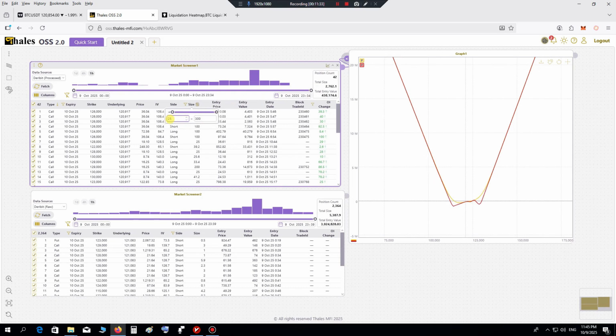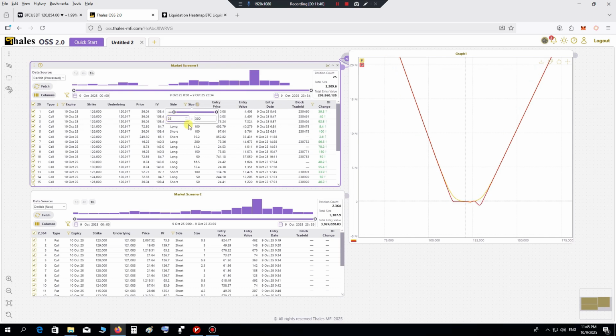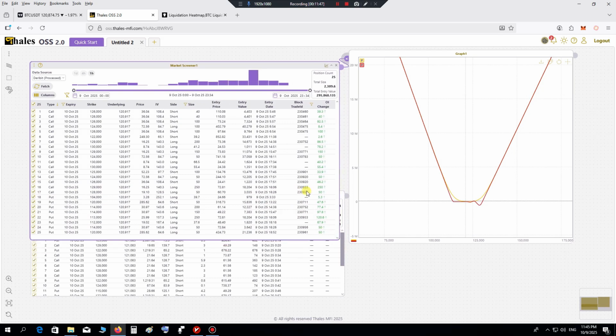I'll go for 20 Bitcoin and above, 25, 30, 35 Bitcoin. Let me set it to 35 Bitcoin and above, so we have 25 contracts to review. These are actually block contracts. They have block numbers and are usually large contracts with high Bitcoin counts, and sometimes you can find interesting strategies among them.